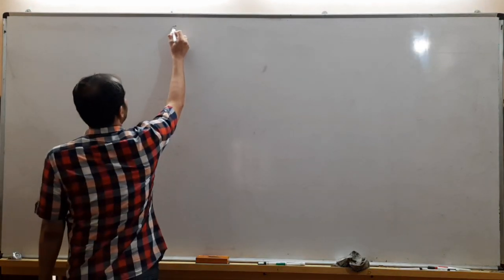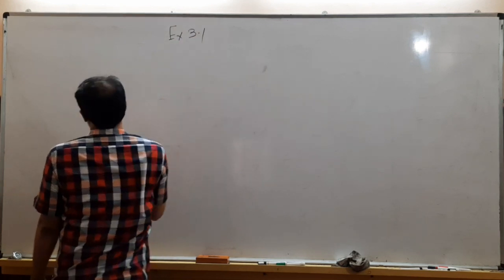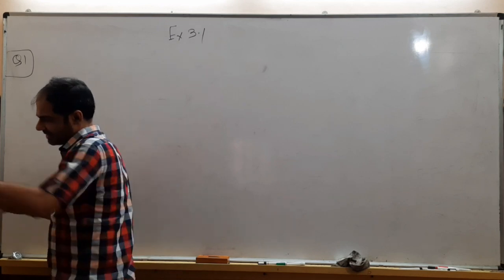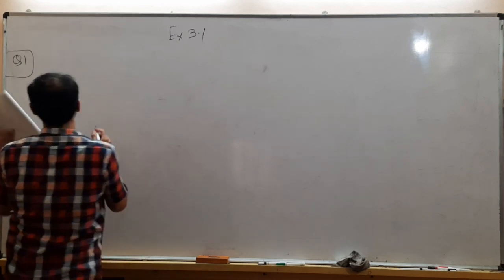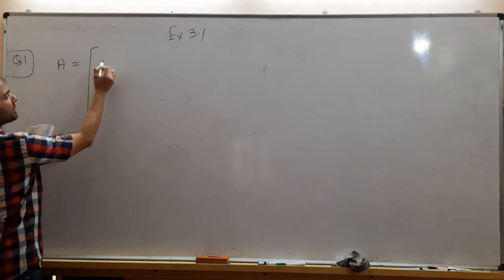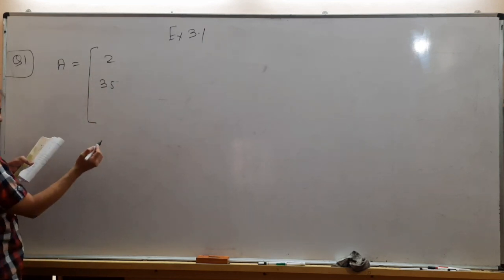Okay, exercise 3.1. Let me start with exercise 3.1. Question number 1. They have given the matrix A is equal to 2, 3, 5, root 3.